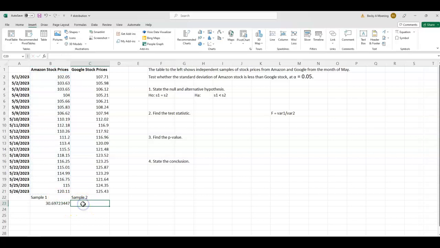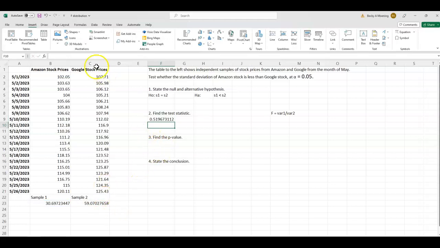There's my variance. So now we go variance sample here for Google. All right, so I have my two variances. To find F, I'm going to take the variance of Amazon because that is 1, and divide that by the variance of my second, which is Google, and I have my test statistic.